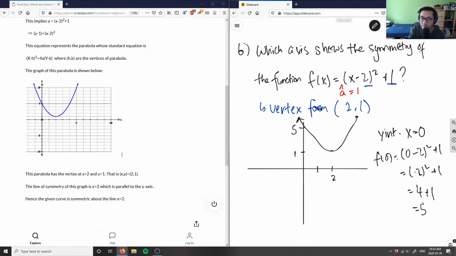What we're doing is looking at which one shows the symmetry. You can draw a dashed line right at the vertex to figure out that these two places are supposed to be symmetrical. It doesn't really show in my diagram, but both of these sides are symmetrical.